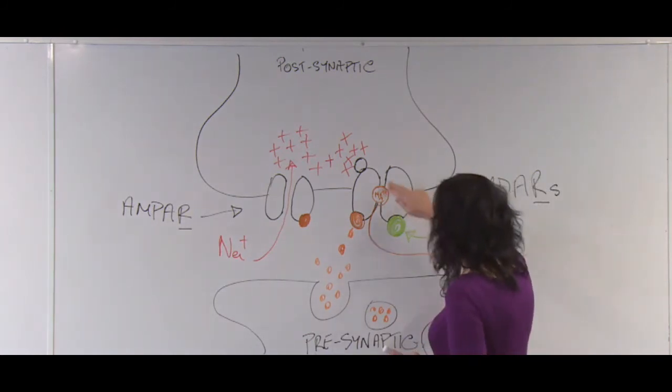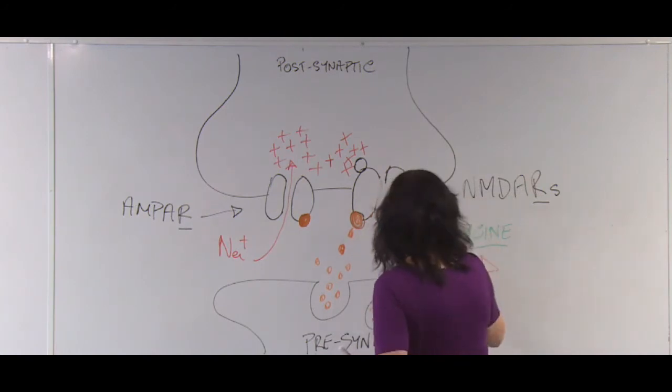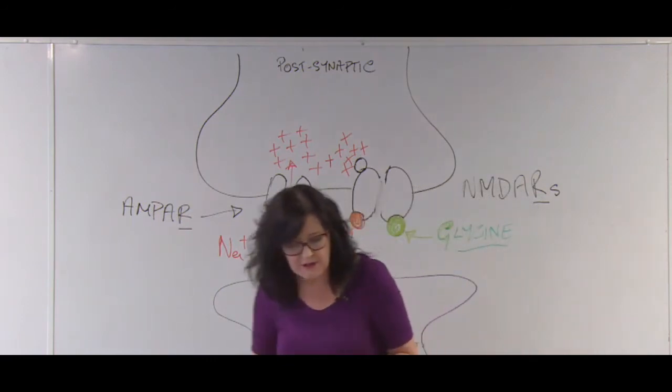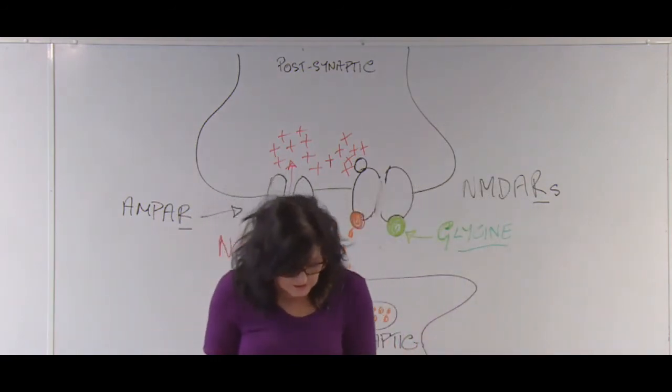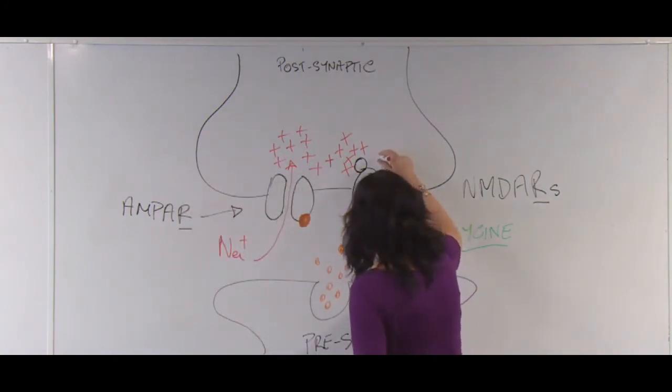Once it's opened the channel, so let's get rid of magnesium, off it goes into the distance. Once it opens the channel, the NMDARs, they also influx sodium. So we'll have some sodium going in.